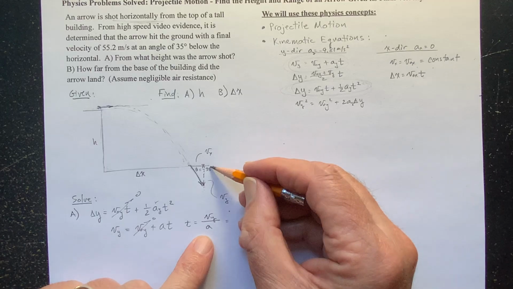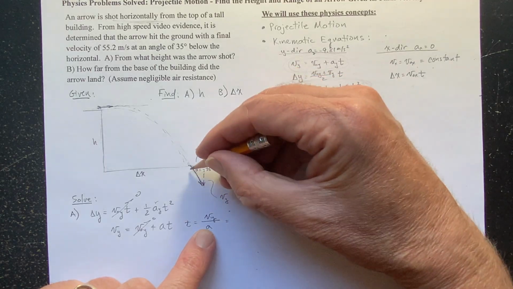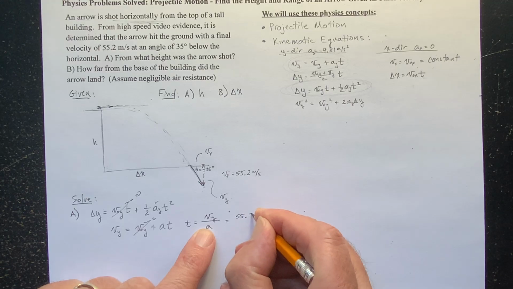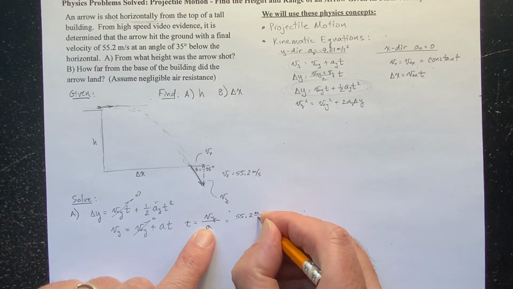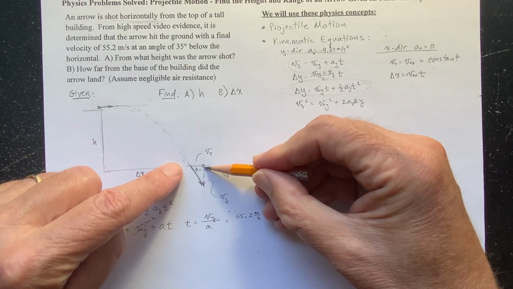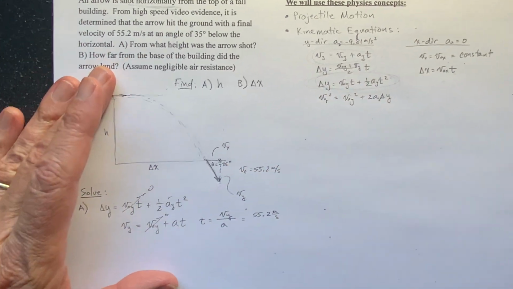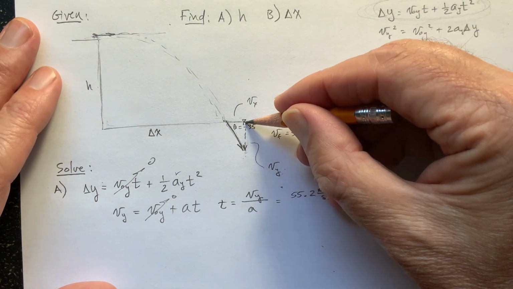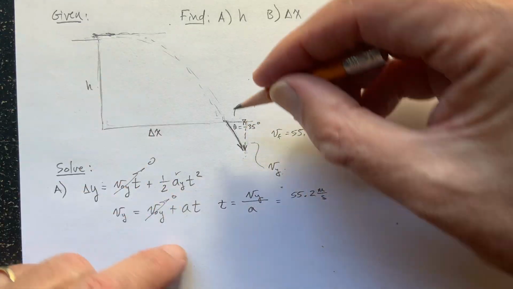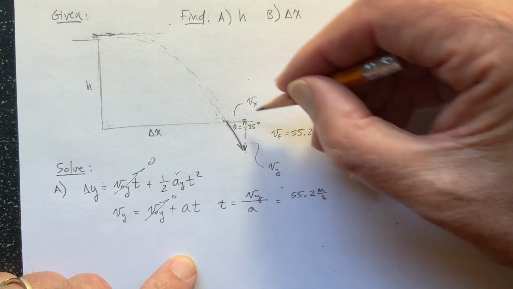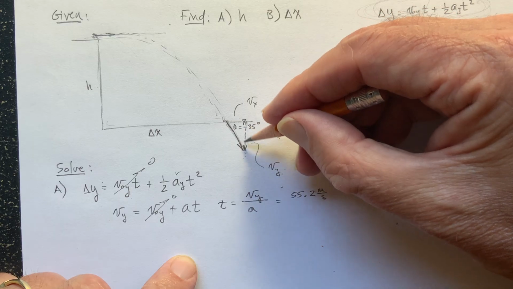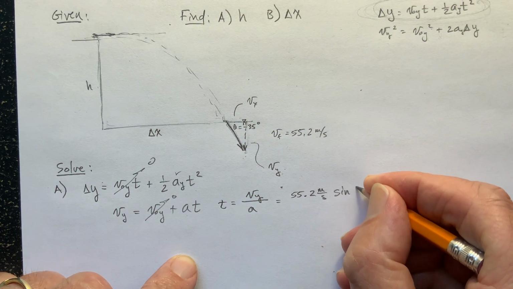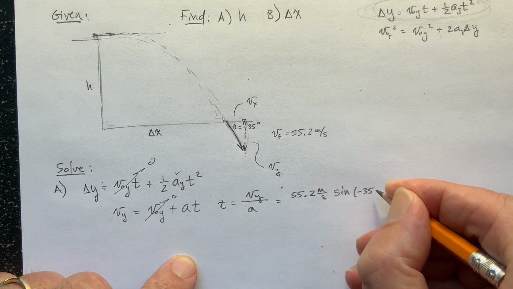The final velocity in the y direction is the final velocity, that is 55.2 meters per second. But notice that this is the opposite leg of this right triangle, right? This vertical component of the final velocity. So to find the opposite leg, I multiply by the sine of the angle. It's the sine of negative 35 degrees.